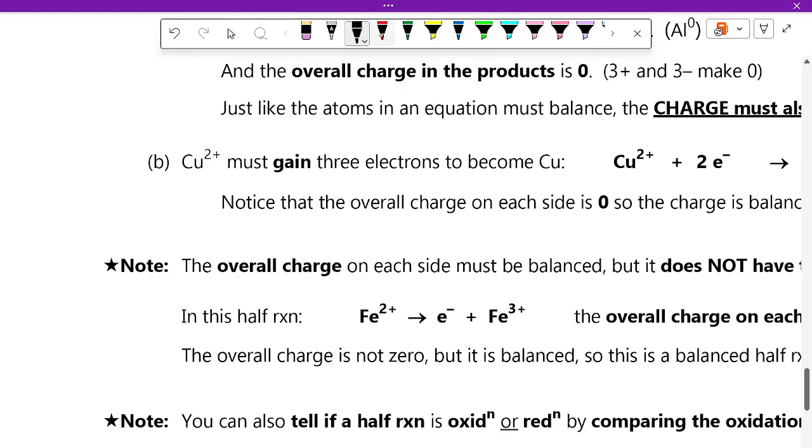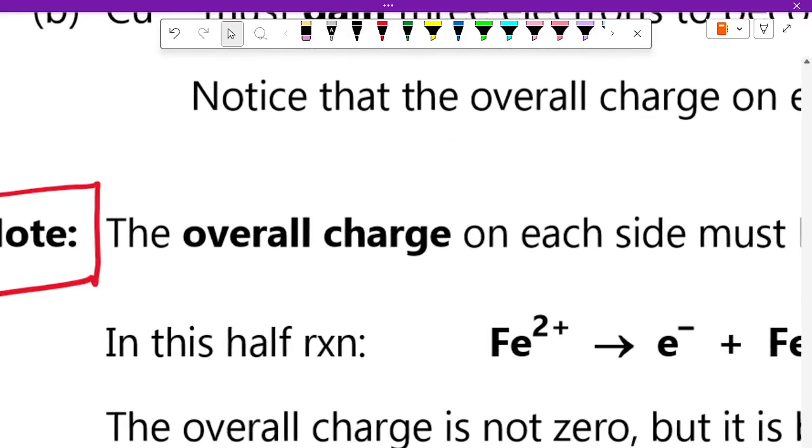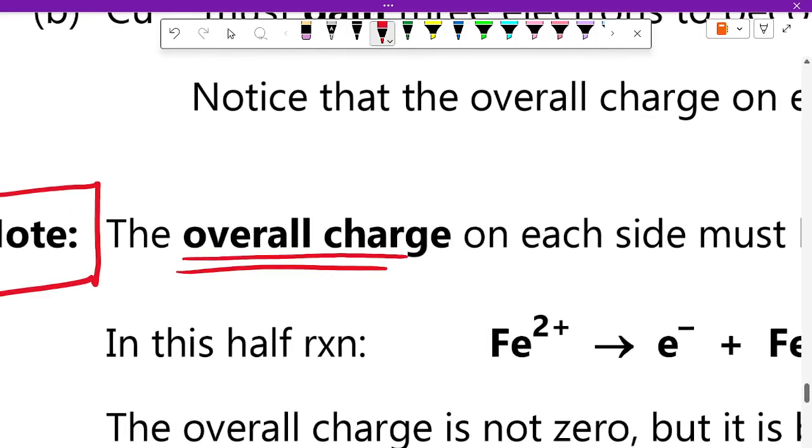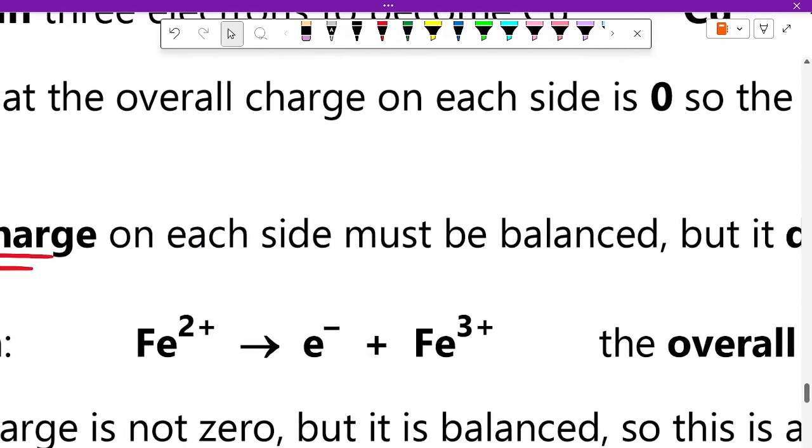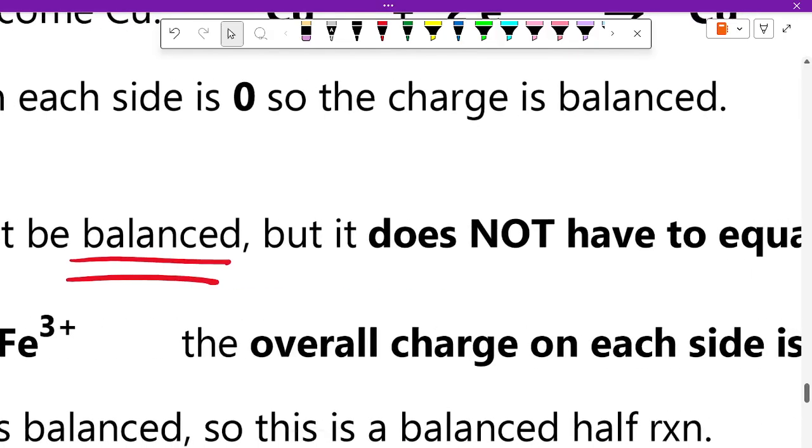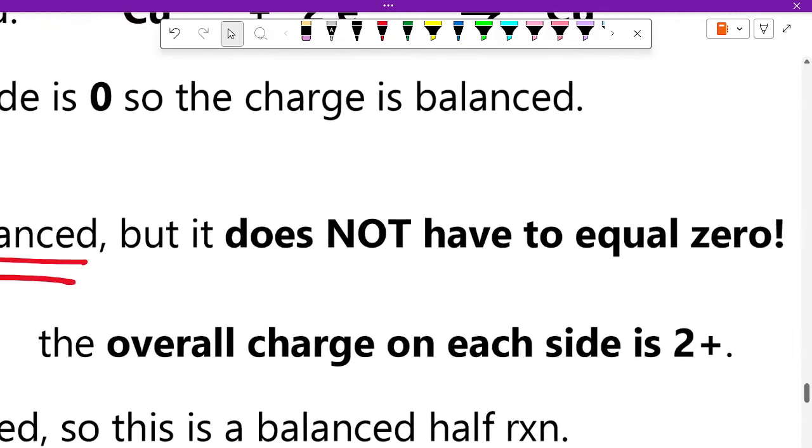Note number 1. The overall charge on each side has to be balanced, but it does not have to equal 0. That example we did, it equaled 0. It does not have to equal 0.